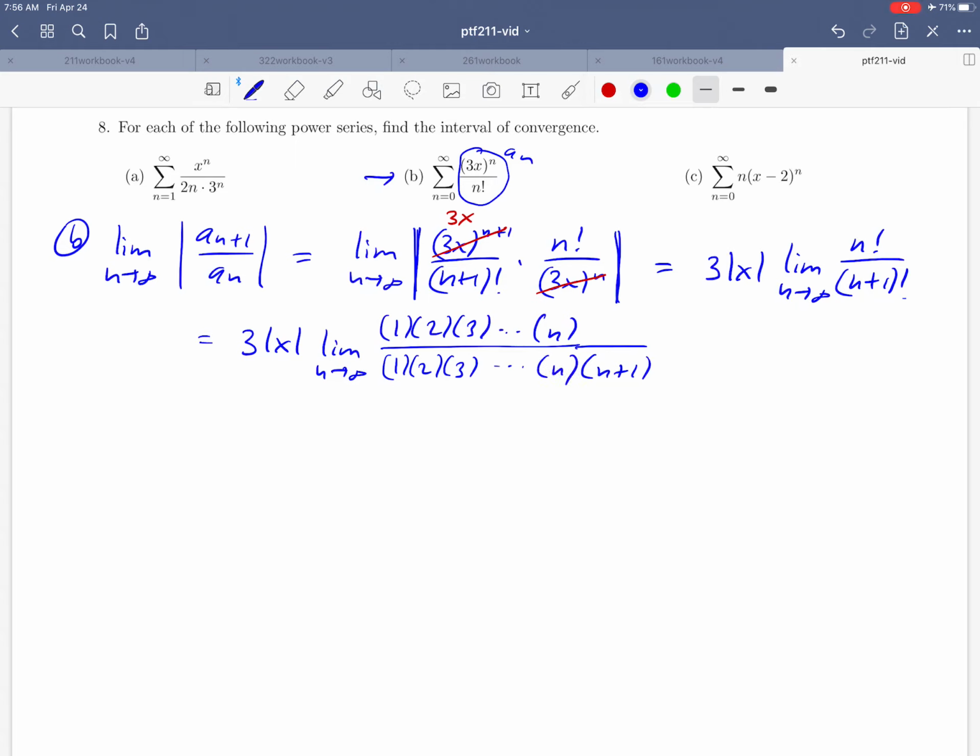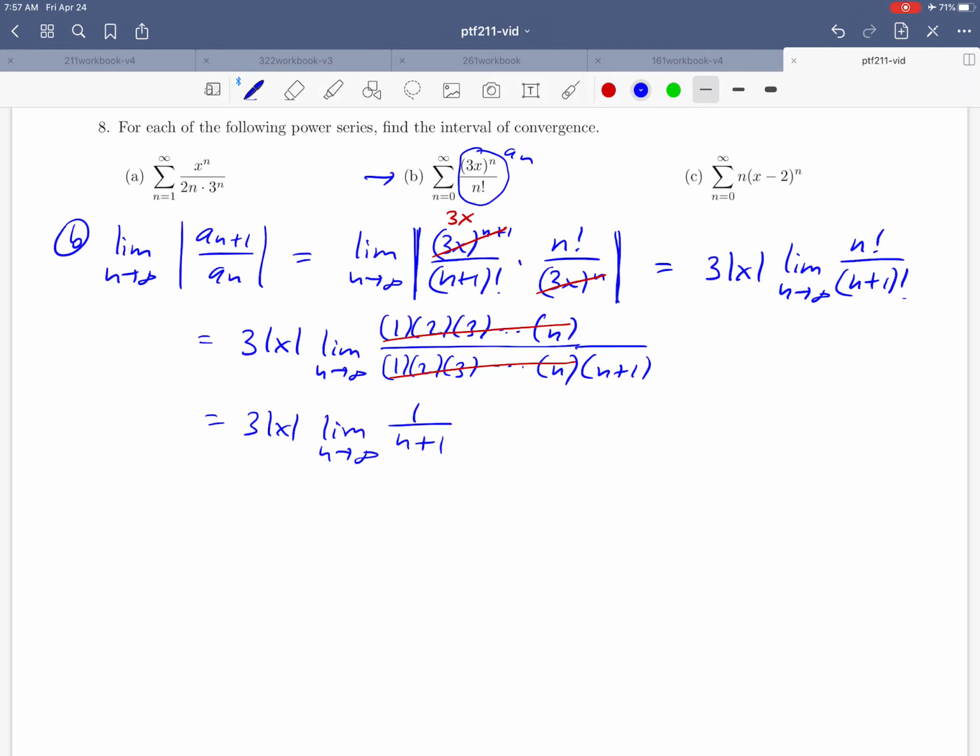And so you can kind of see what happens here. We get a lot of cancellation. This product of 1 through n, all of that cancels out, and what we wind up with here is just 3 absolute value of x times the limit as n goes to infinity of 1 over n plus 1.